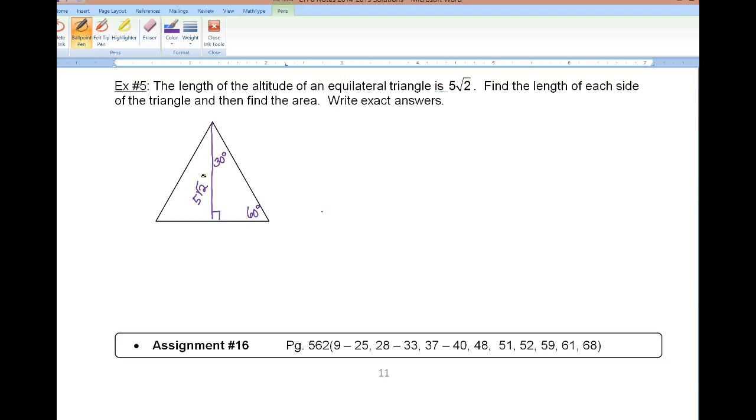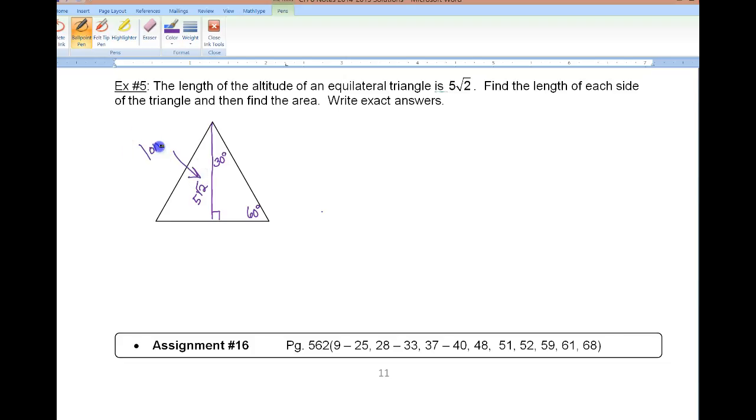Let me explain example 5, and then you guys can have the rest of the class to work on homework. So, if the altitude of an equilateral triangle is 5 root 2, now the altitude would correspond to the longer leg.